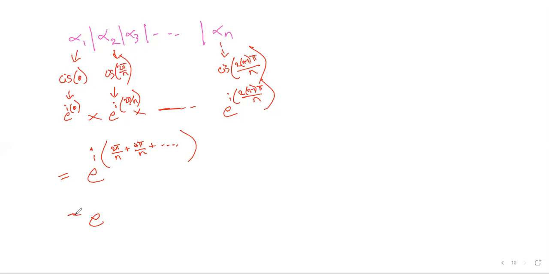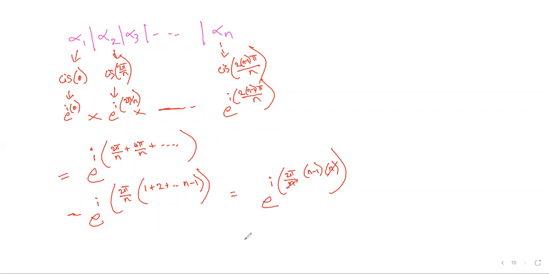So what is all of this? This is nothing but e power i into, I can take 2 pi by n common. And then we're adding n minus 1 terms, going from 1 till n minus 1, which is nothing but e power i times 2 pi by n. What is this sigma 1 to n minus 1? It is n into n minus 1 by 2. So using that formula, you have n into n minus 1 by 2, and the 2 cancels, so no 2 over here.